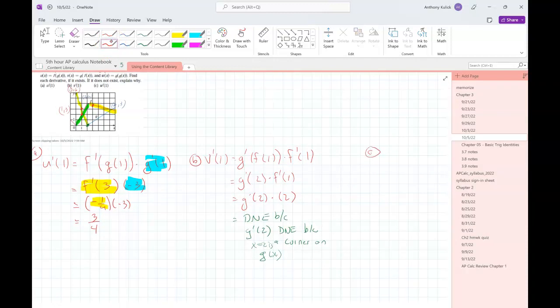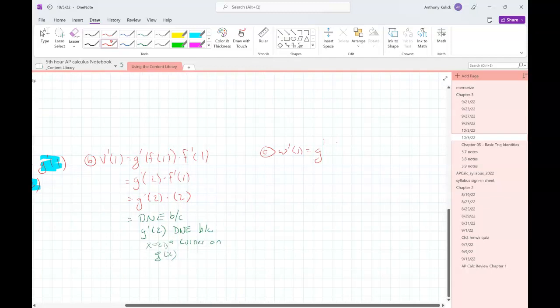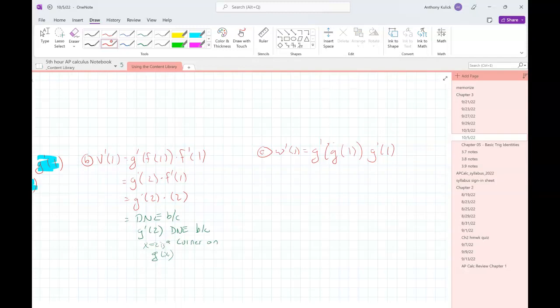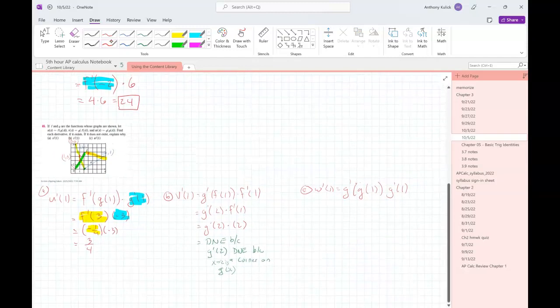Yep. The last one, w prime of 1 is g prime of g of 1 times g prime of 1. Well, g of 1 we already found was 3. g prime of 1 we already found was -3. And then g prime of 3 would be the slope at that point there.